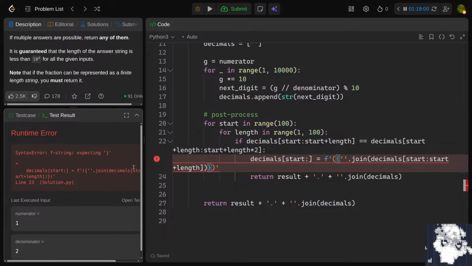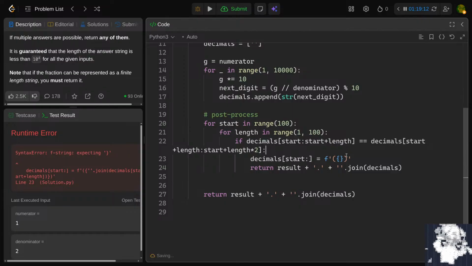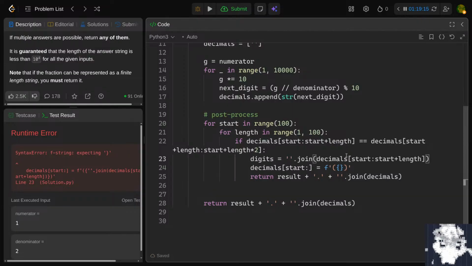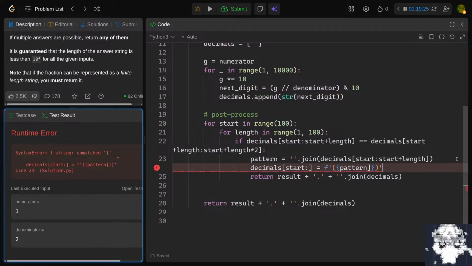I did have an end curly brace. Parentheses, start curly brace. Let me, digits equals this, digits, or pattern. Without this.